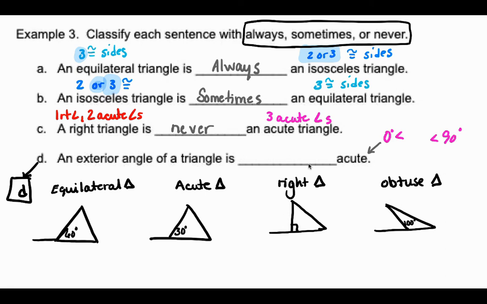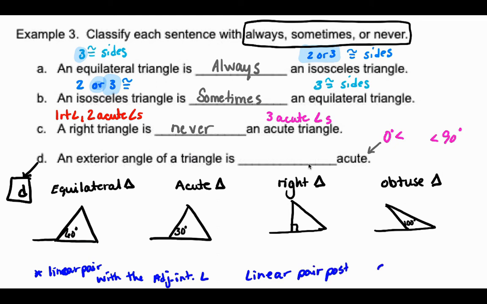And in order to figure out the exterior angle measure, we actually use the fact that we have a linear pair with the adjacent interior angle, and then we use the linear pair postulate, which means that they're going to be supplementary, and that gives us a sum of 180 degrees.